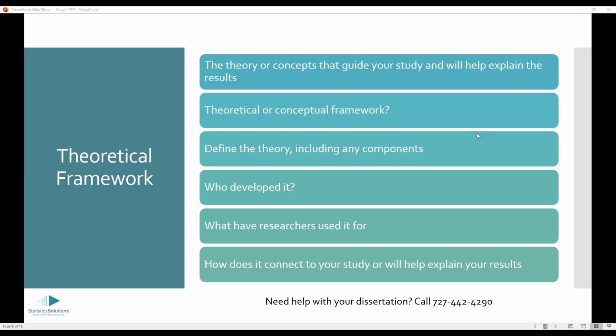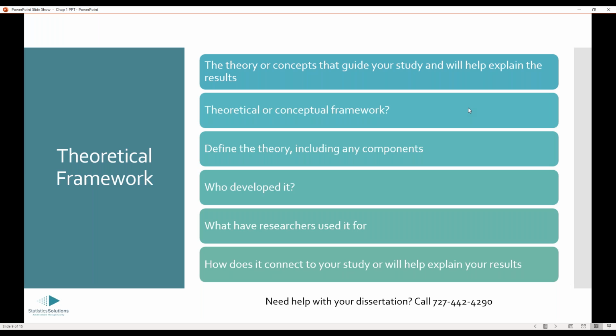And if you're doing a quantitative study, for example, your theory should be associated with the instrument that you're using. So, in other words, if you're studying employee engagement, let's say, there are several instruments for studying employee engagement.